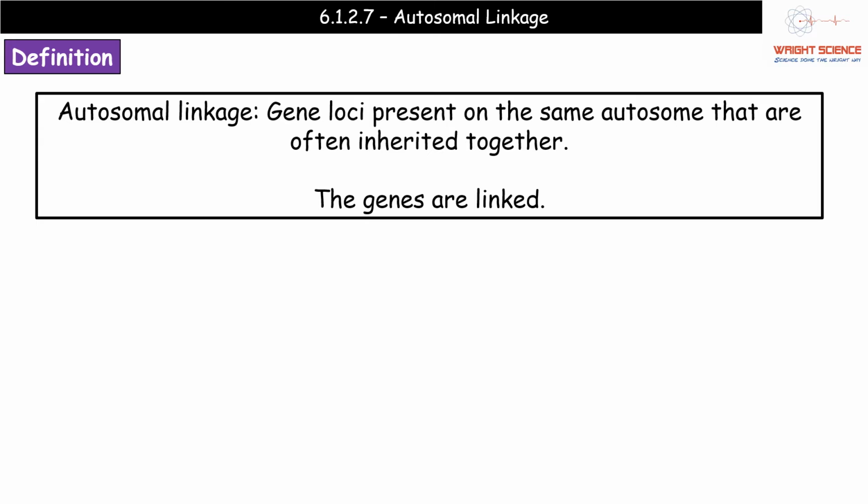Remember, an autosome is one of the 22 in humans non-sex chromosomes that exist, and therefore what we're really talking about here are that any of those genes located on one of the autosomes, so on the 22 non-sex chromosomes, will in some cases be inherited together.